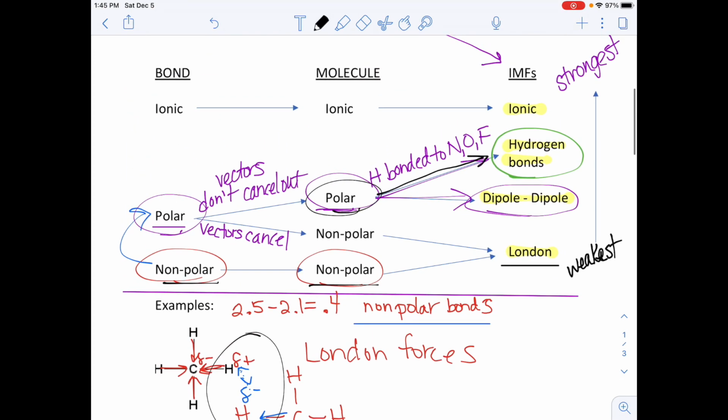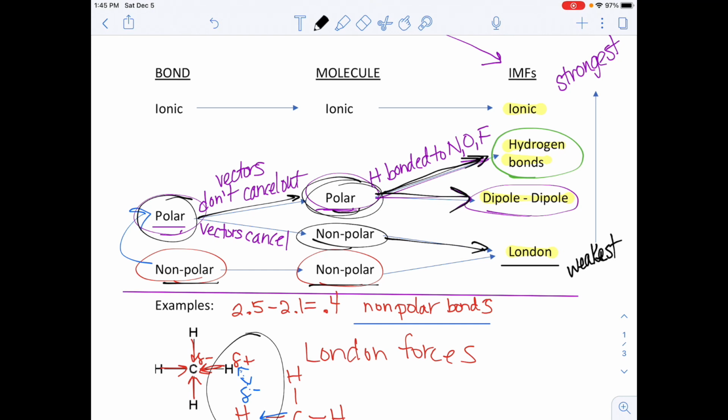When you have a polar bond which creates a nonpolar molecule, same idea. If it's a nonpolar molecule, you just have those temporary dipoles. If you have a polar bond that creates a polar molecule, you have something called dipole-dipole interaction because you have a true tug of war going towards that electronegative element. And a special case if you have hydrogen bonded to nitrogen, oxygen, or fluorine.